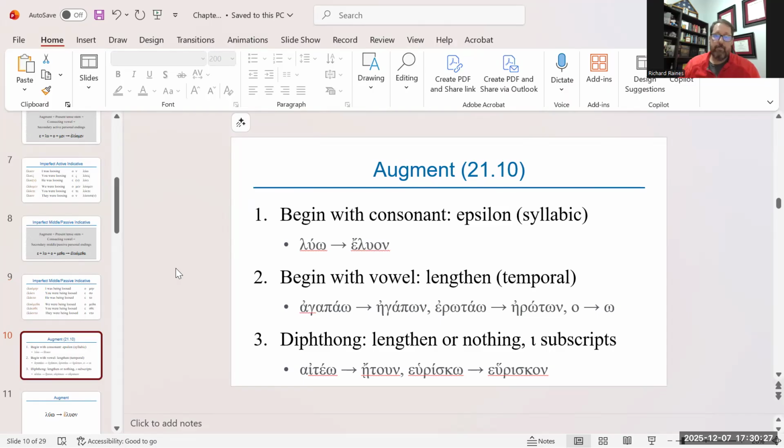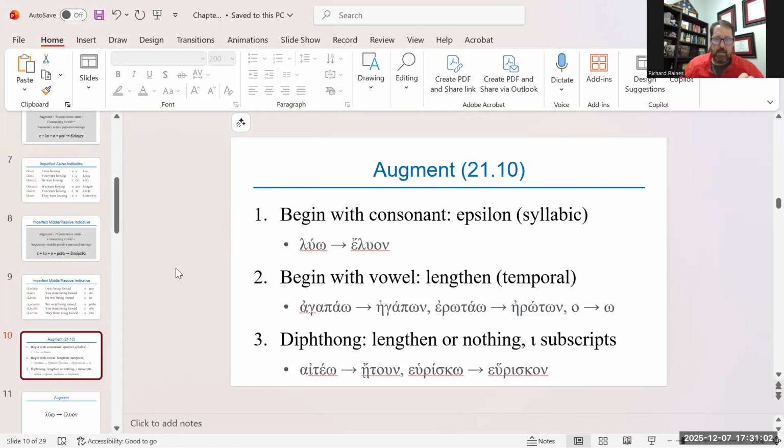But the rules are, number one, if the verbal root begins with a consonant, in this case we've got lu, then you have an epsilon. If the verb begins with a vowel, then you're going to lengthen the vowel. You're not going to create a diphthong if it begins with a vowel.